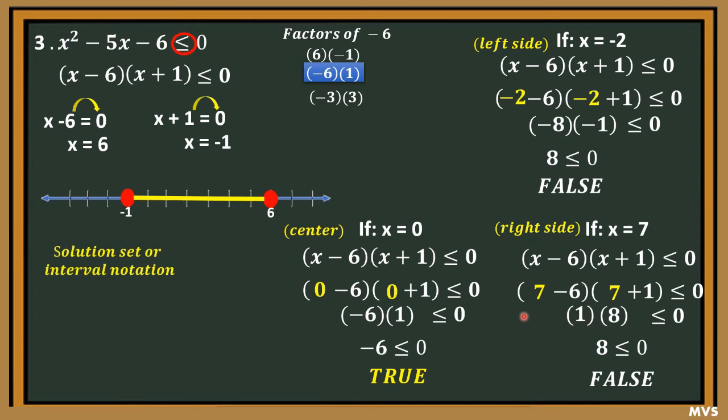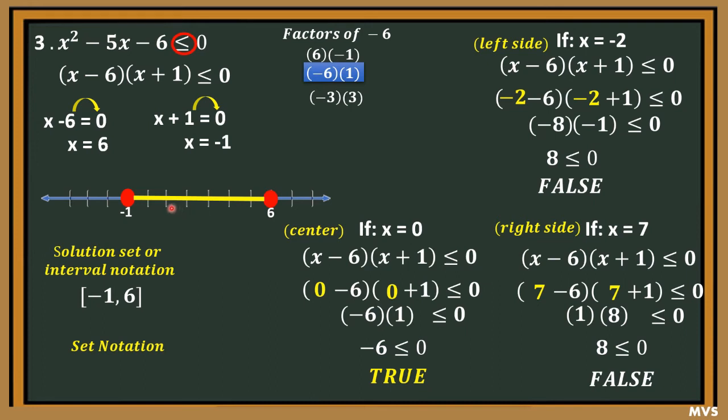Since -1 and +6 are included, therefore, we're going to use bracket. That is -1 to +6. Let's go to the set notation. Let us use this.